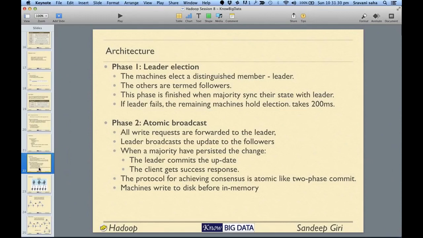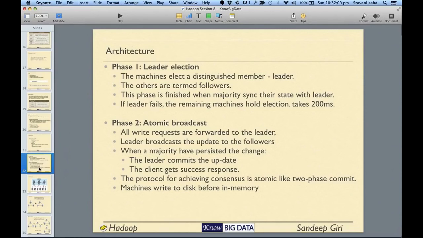When a majority have persisted the change, the leader says that I have committed the data, and sends the response to the end user saying your data has been committed. Okay. So this protocol for achieving consensus is atomic, meaning when you write the data and get the response, it is fairly consistent.